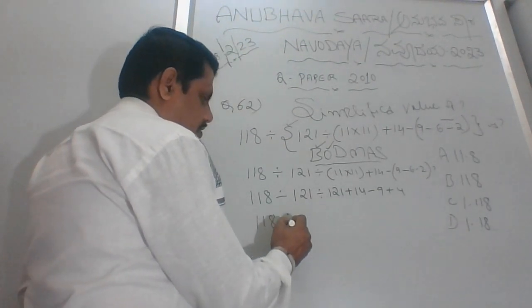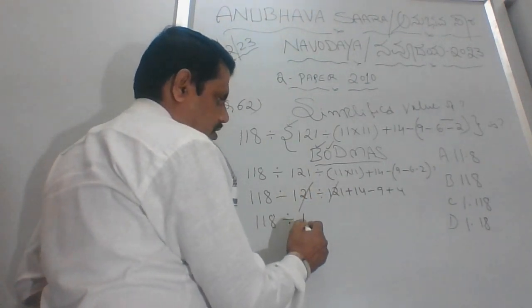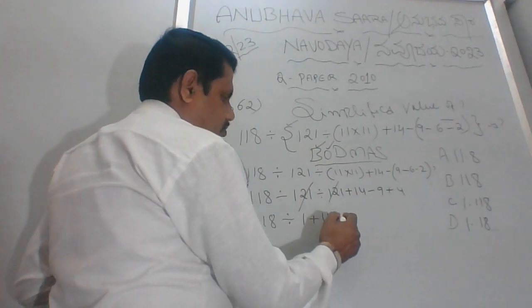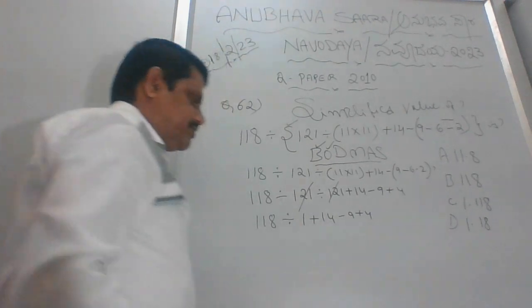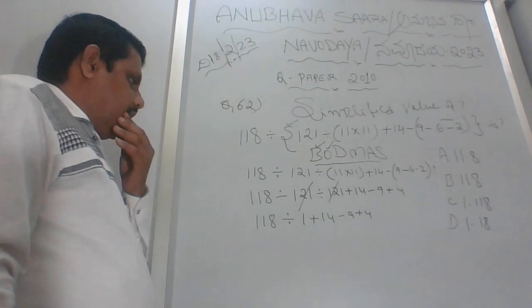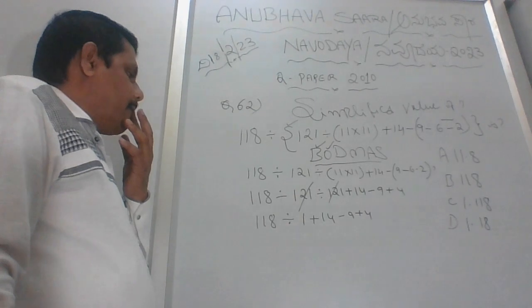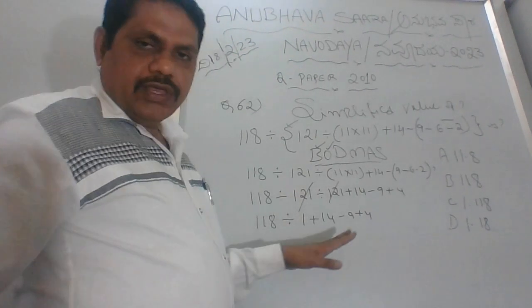118 divided by 121 is 1, plus 14 remains the same, minus 9 plus 4. Clear?